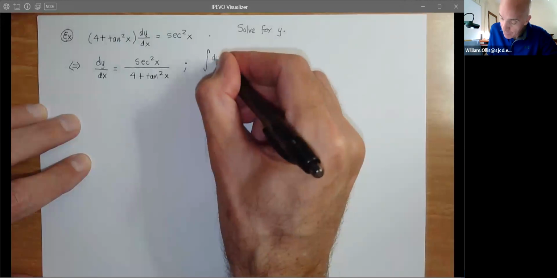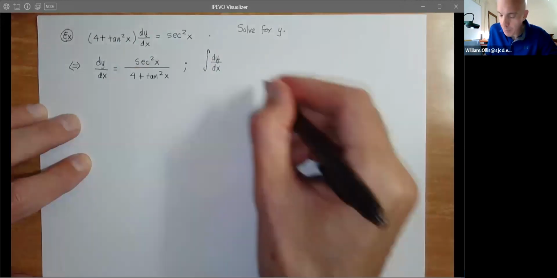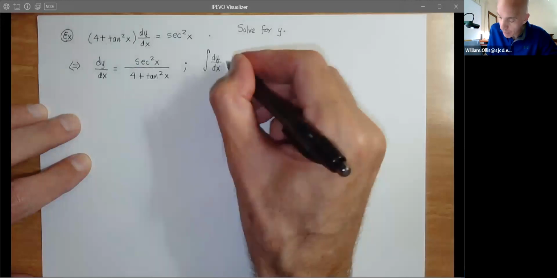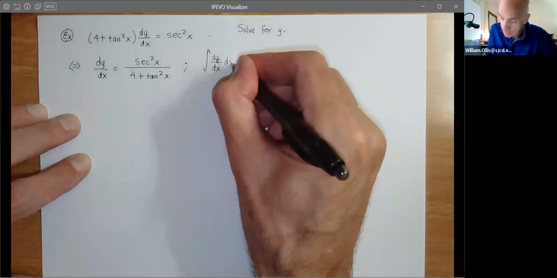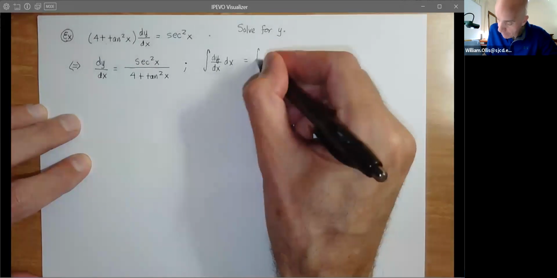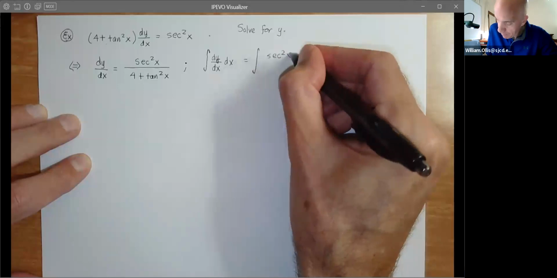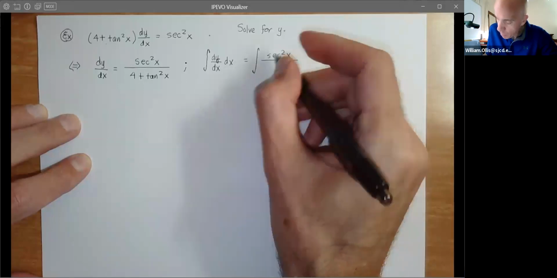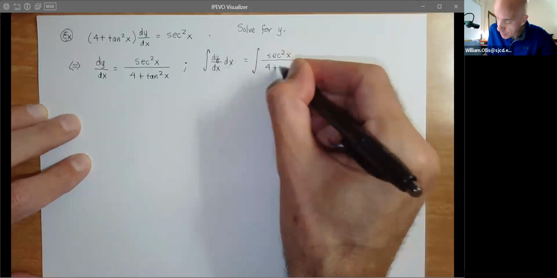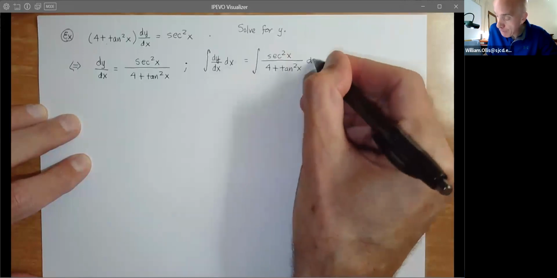And you can treat these as fractions and separate the variables, but I'll be formal right now. You can see why the notation of calculus survived, because there is no improving on it.